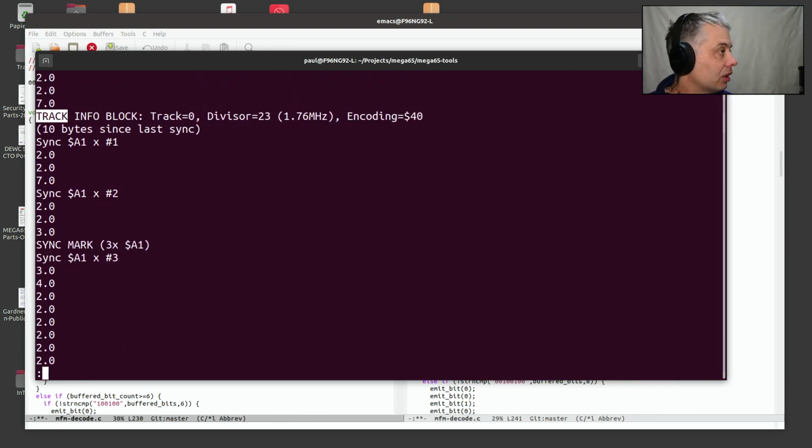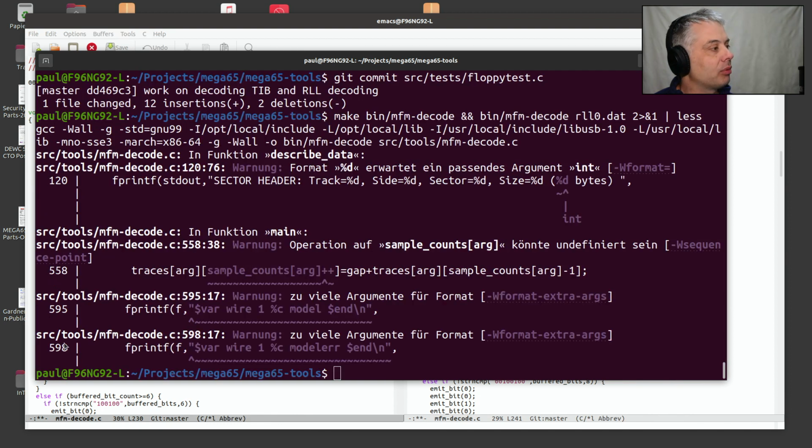I think we're going to have a look at the accumulated RLL bits to see, because I reckon it might have something screwed up with the buffering of that.